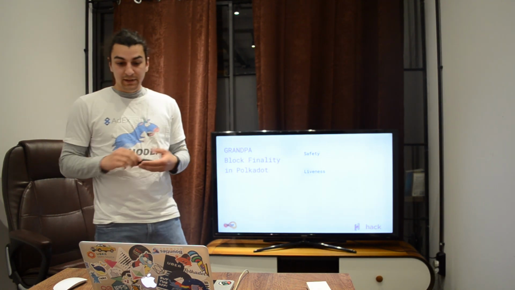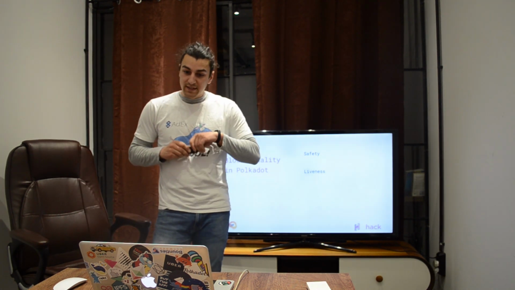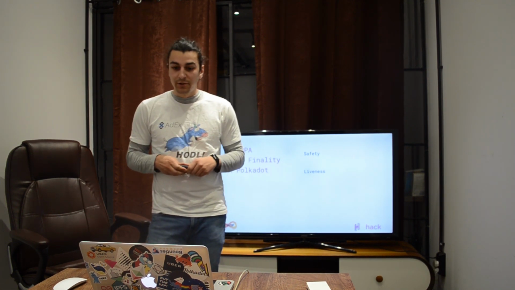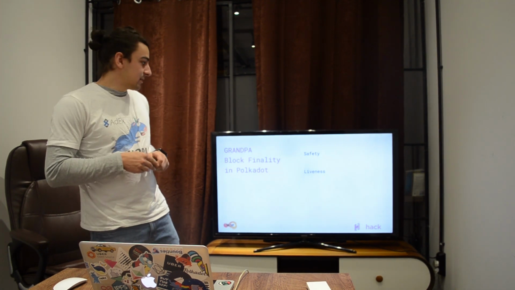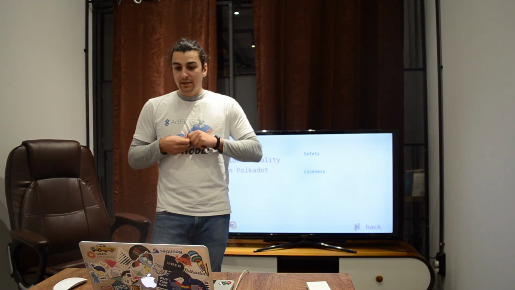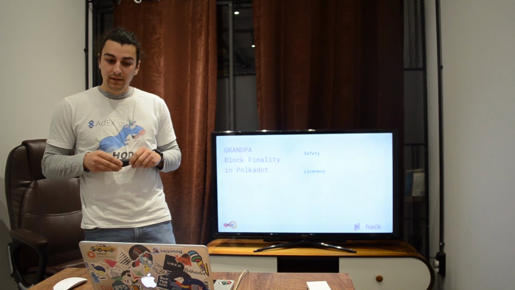For example, in proof of work or Nakamoto Consensus that we are used to, safety is technically never reached, because the safety there is probabilistic.